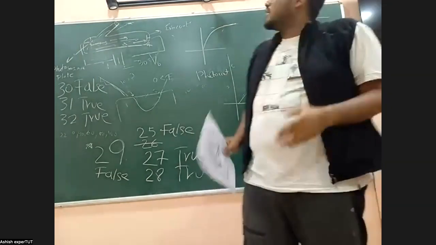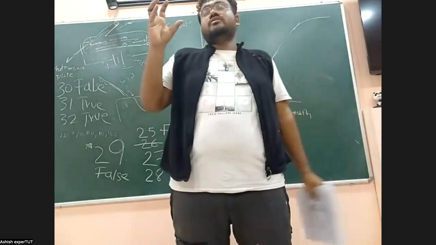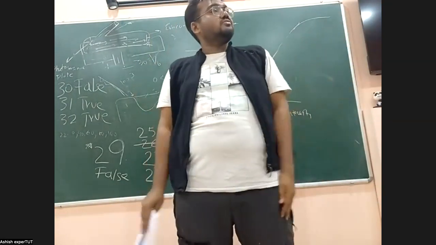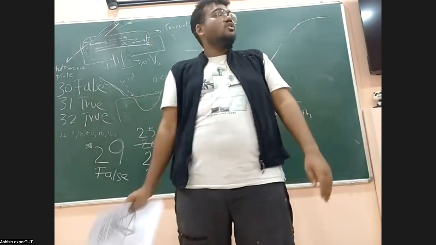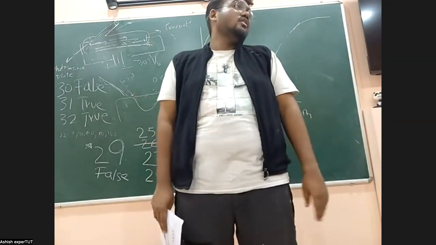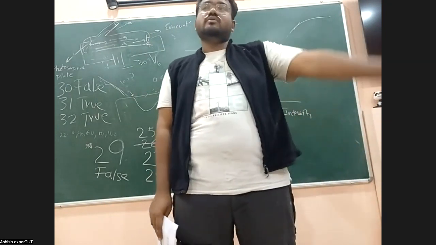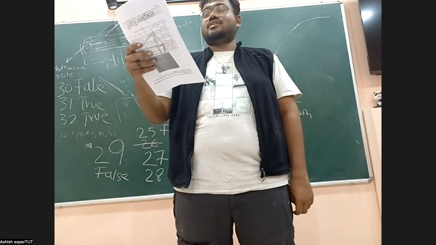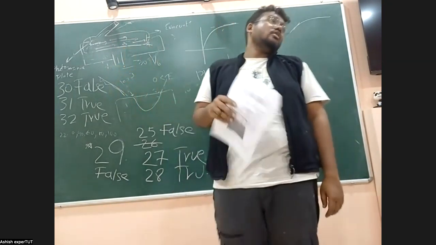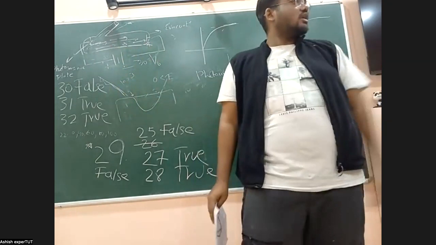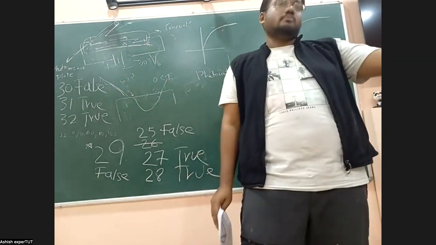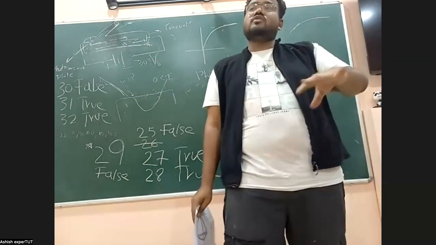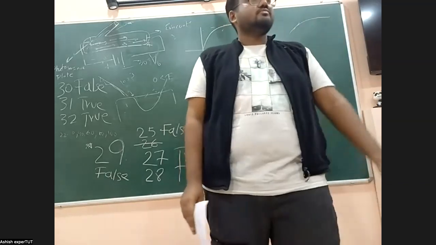I'll break the question for you. Photons of some frequency are falling on the metal. I don't know how many photons, maybe one, maybe two, maybe 1000, but each has an energy of 100 joule.